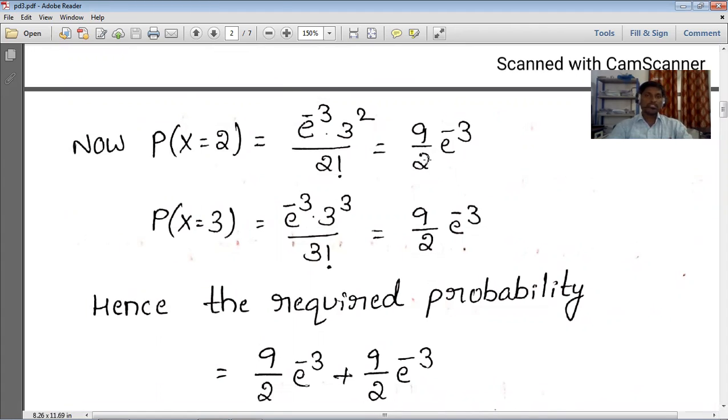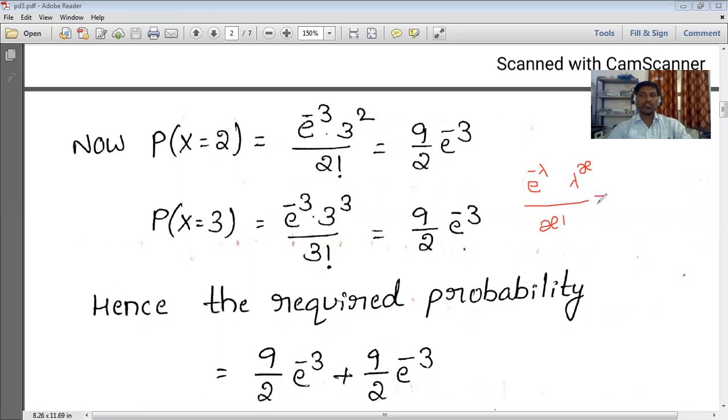Simply we substituted 2 in place of x: e power minus 3, 3 square by 2 factorial, which is equal to 9 by 2 e power minus 3. And next, in the same way, P of x is equal to 3: e power minus 3, 3 cube by 3 factorial. Which formula are we applying? e power minus lambda, lambda power x by x factorial.